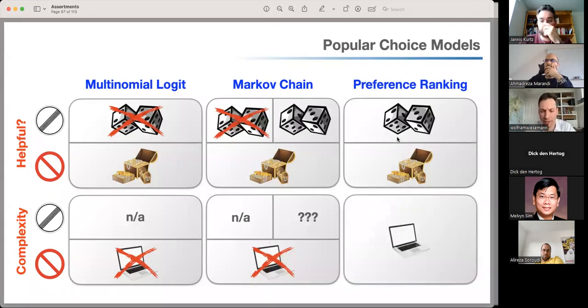Contrary to the previous few choice models, under the preference ranking, there's always going to be an optimal randomization strategy that is parsimonious. If we have k different customer types in the preference ranking, then there is always an optimal randomization strategy that randomizes between at most k+1 assortments.